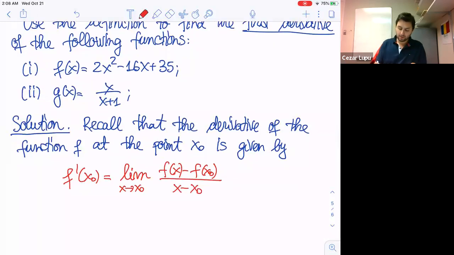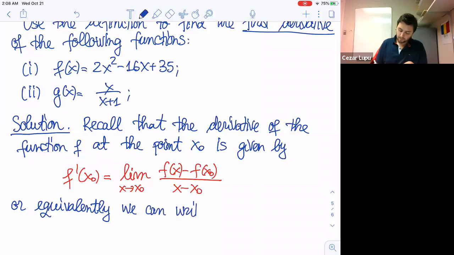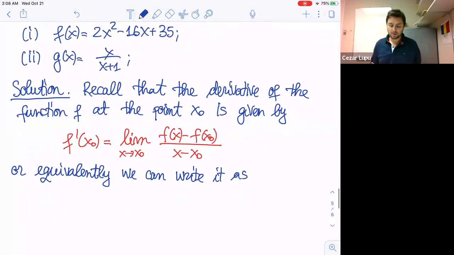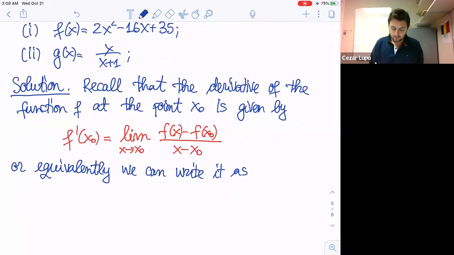Or equivalently, let's write the definition with delta x. We can write the above definition as the limit.